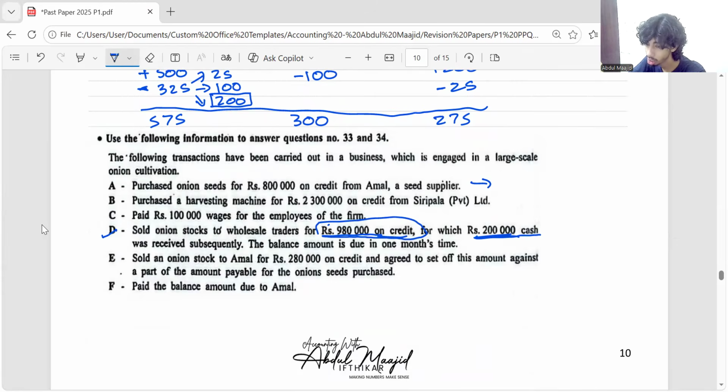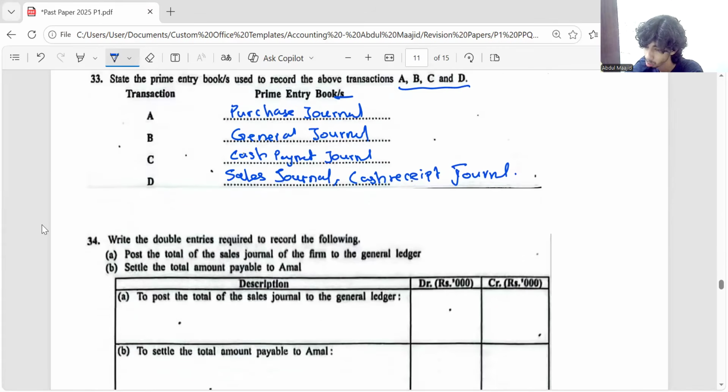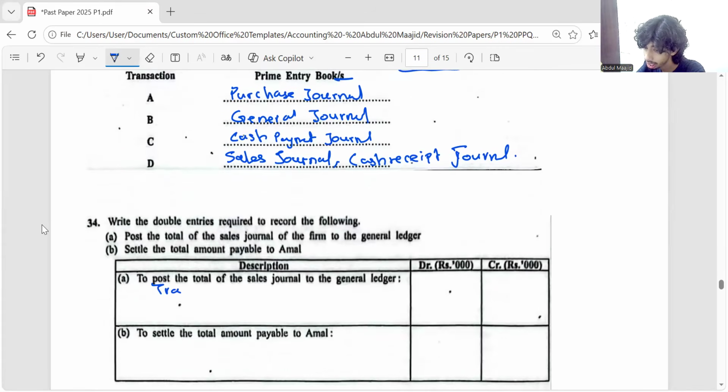Again sold an onion stock of 280 on credit to Amal. There is another credit sale. Then totally the credit sales are 980 and 280. 980 plus 280, 1260. So that will be trade receivable account. Trade receivable account. Debit 1260. Sales account. Credit 1260.